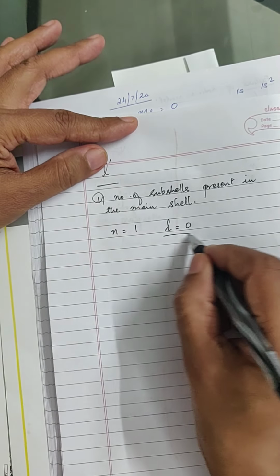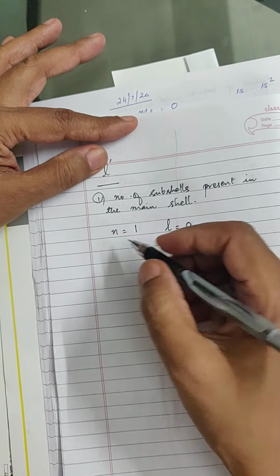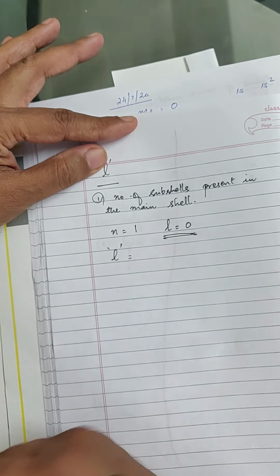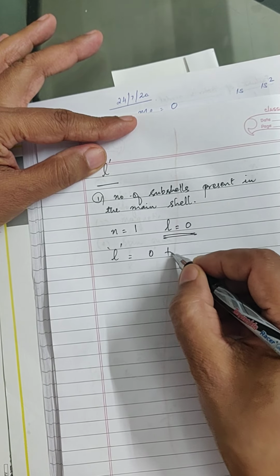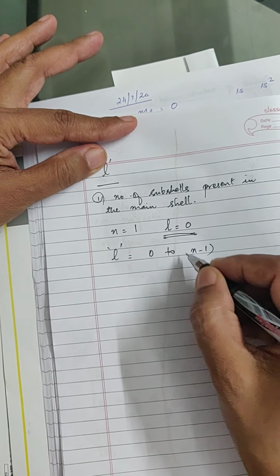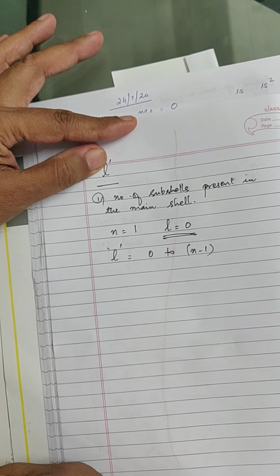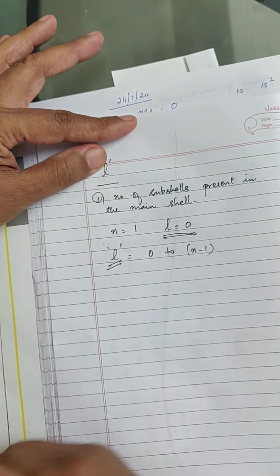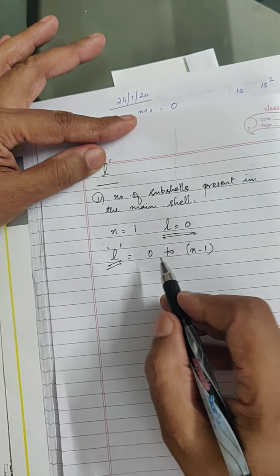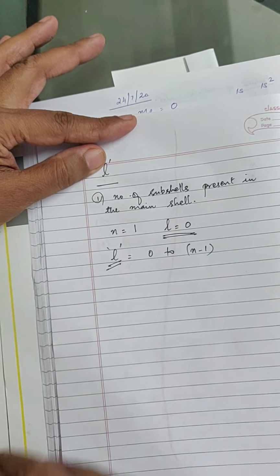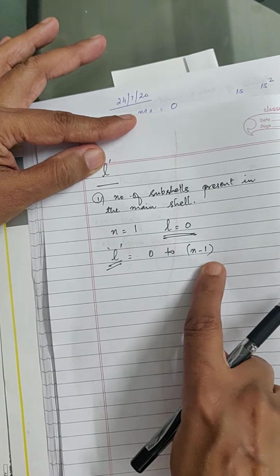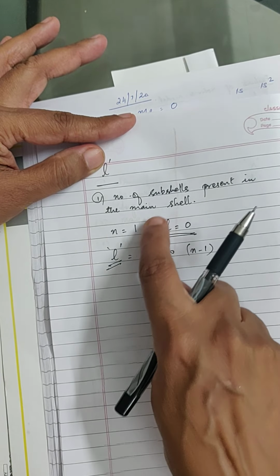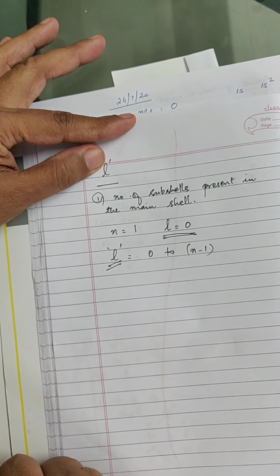What does this 0 say? L carries a value from 0 to n minus 1. The value of L ranges between 0 and n minus 1. Now what is the value of n here? It is 1. So what is 1 minus 1? That is 0. That is why I put the value of L to be 0.